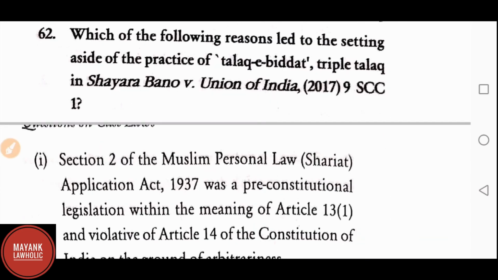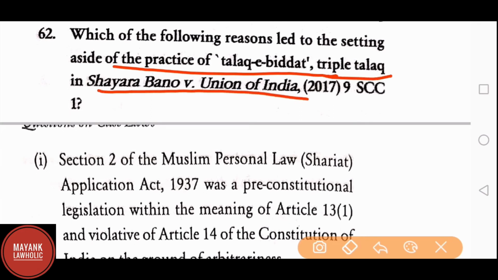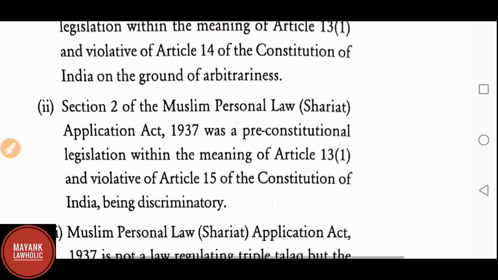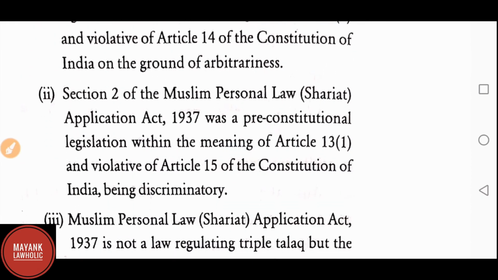Question number 62. Which of the following reasons led to the setting aside of the practice of talaq-e-biddat, triple talaq, in Shayara Bano versus Union of India 2017? First, Section 2 of the Muslim Personal Law Shariat Application Act 1937 was a pre-constitutional legislation within the meaning of Article 13 Clause 1 and violative of Article 14 of the Constitution of India on the ground of arbitrariness. 2.